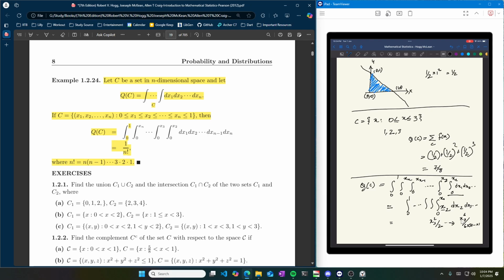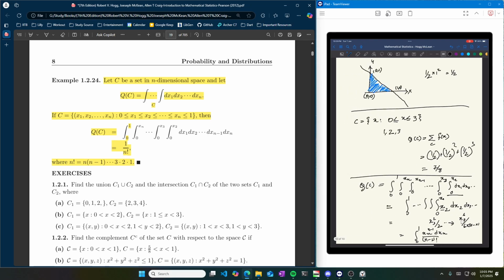So at the end it would be the integral of 0 to 1 of xn to the power n minus 1, dxn by n minus 1 factorial, if I'm not wrong.